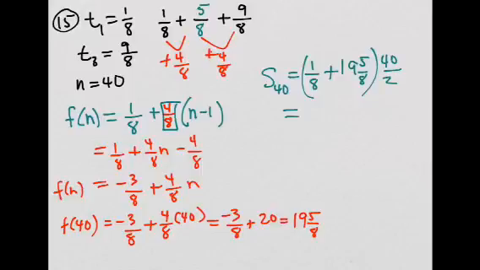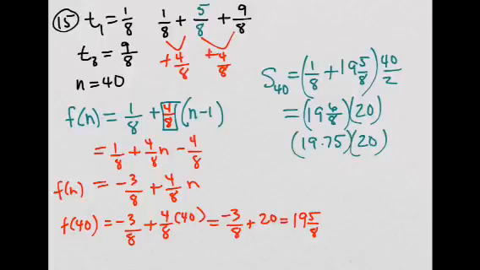So that's 1/8 and 19 and 5/8 is 19 and 6/8, or 3/4, times 20. 40 divided by 2. So I can change it to decimal. This is 19.75 times 20. And we get 395 as my sum.